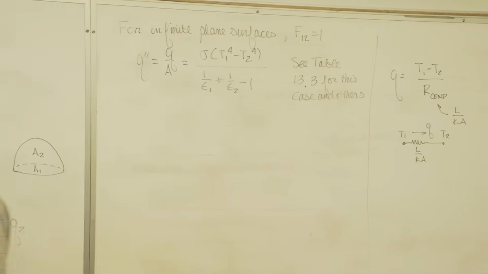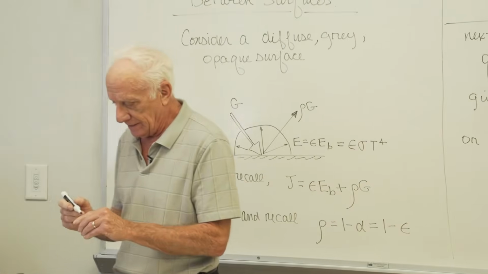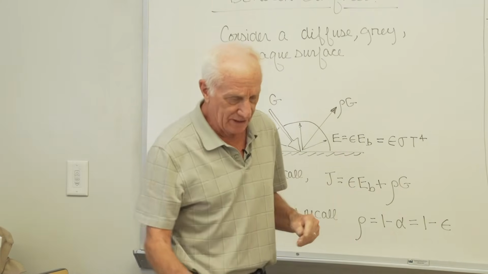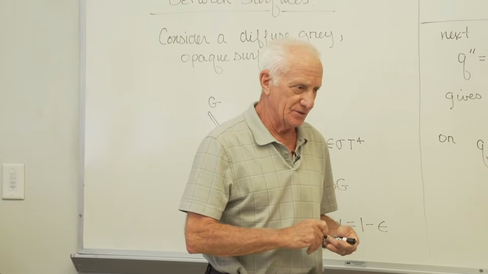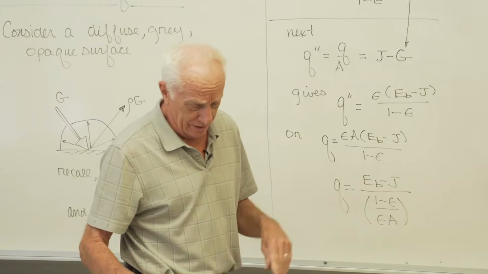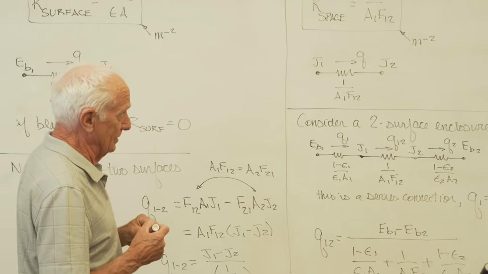So that's what you end up with if you make that simplification. And table 13.3 gives about 4 or 5 simple examples, like this simple example. So you can look at table 13.3 and just write the equation down. But that's how you derive it from here, F12.